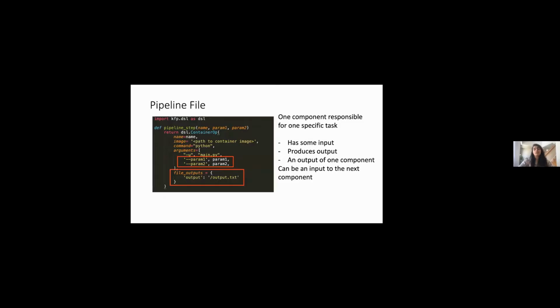Those will be the parameters to your Docker image. And what it outputs is pre-processed data. This is Python code, right? So if in your pipeline you have 5 components, you will have this chunk of code 5 times with 5 different Docker images, all talking to each other. But the design of the code remains the same for each component.